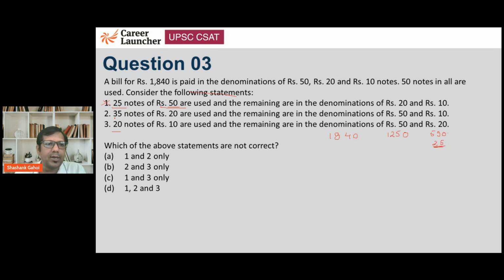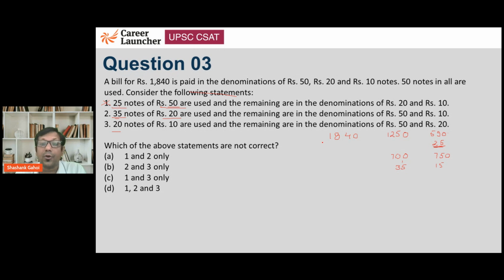Now let's look at the second one. So 35 notes of 20 rupees are used. So out of 1840, 700 rupees we have received from 35 notes. How many notes are remaining? 15. Now if I assume that every note is of 50 rupees itself, then the maximum amount from these 50 rupee notes I can have is 750.